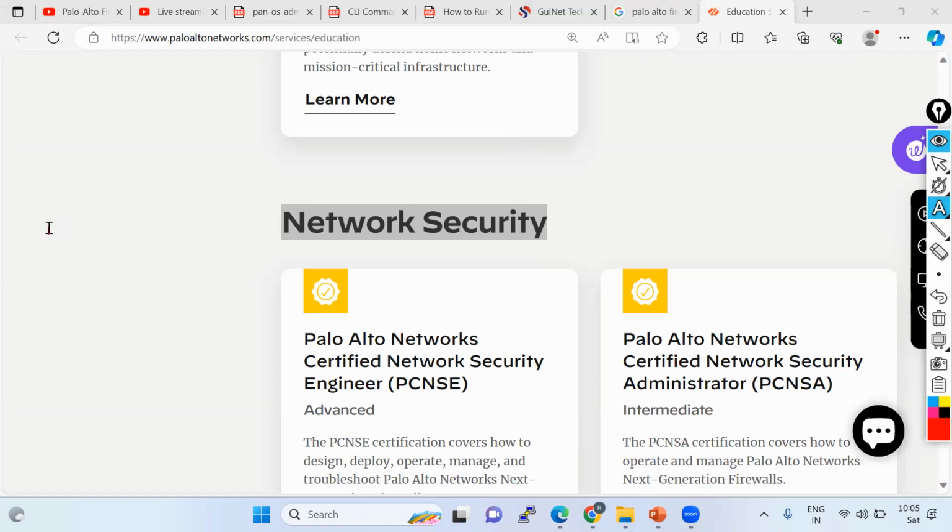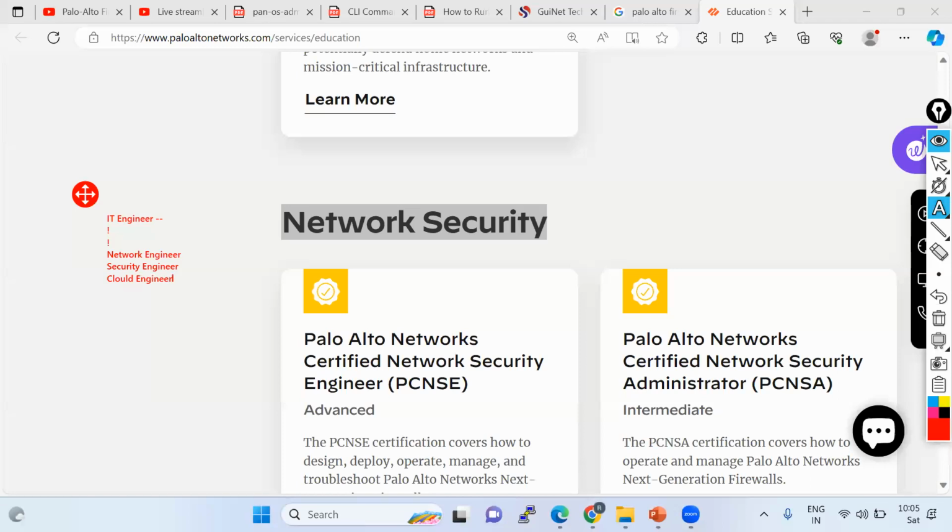In the job market, if you are an IT engineer, there are a lot of classifications. Probably you are going to become a network engineer, a security engineer, or a cloud engineer. So these are the three domains.